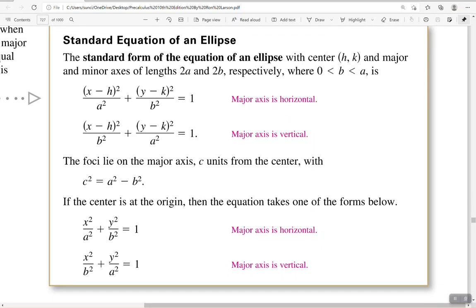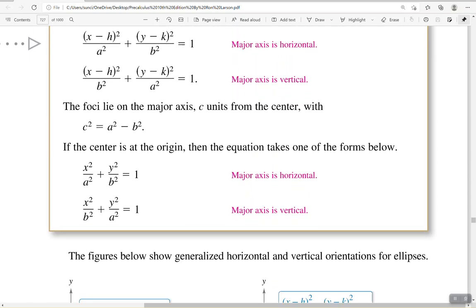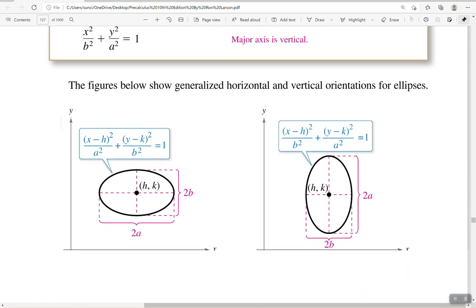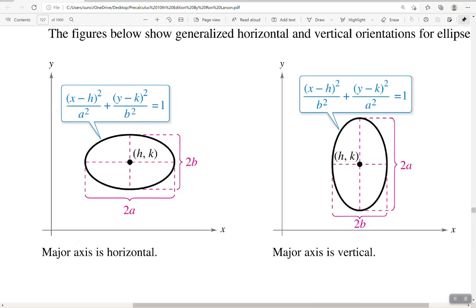If the center is at the origin, then of course you won't have an h or a k, because h, k is the center of the ellipse. So if it's centered at the origin, then h is 0 and k is 0. So your formulas would simplify to these much smaller expressions. And of course, notice how everything's set equal to 1. So we'll use those formulas to figure out all the different things they're asking us.